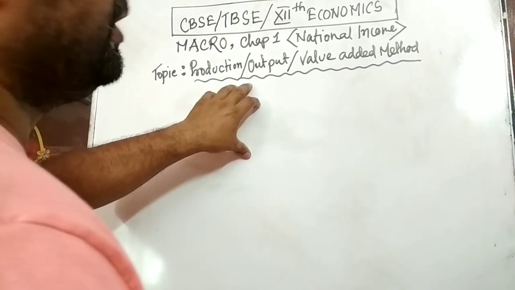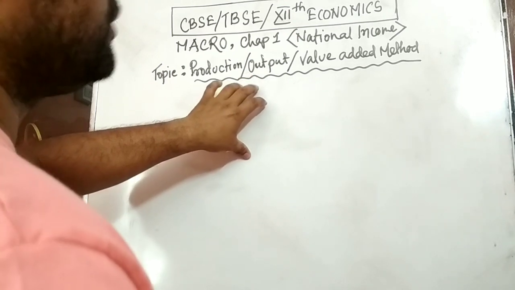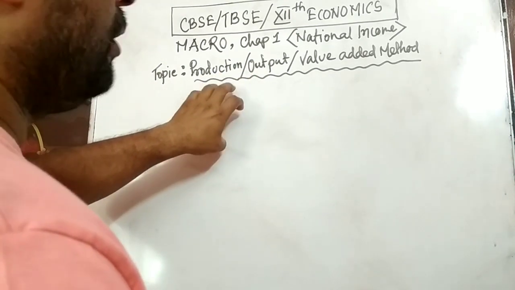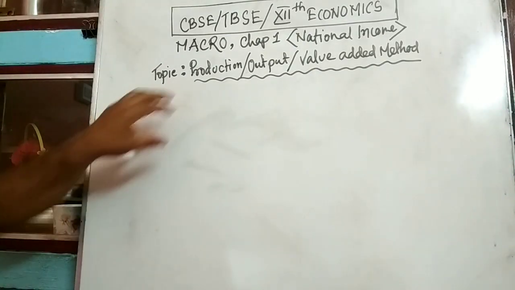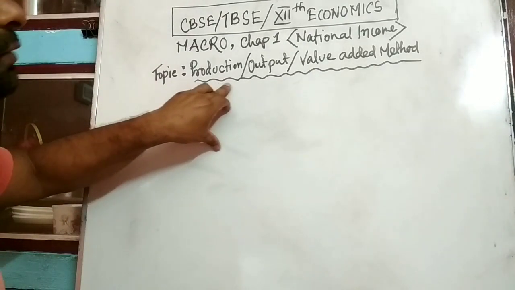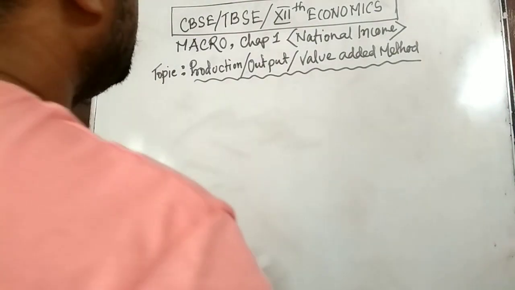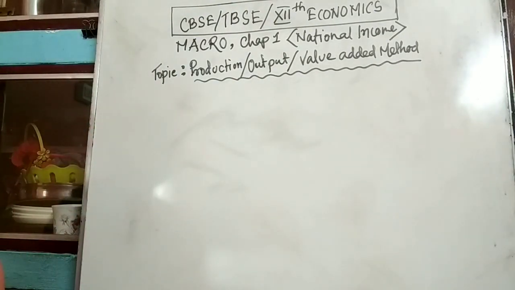The total value of production of final goods and services. We include only final goods here, not intermediate goods. Why not? We are coming to that later. So only the value of final goods and services produced by all the sectors of the economy. What are the sectors?